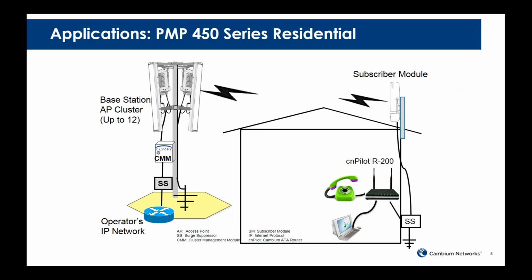Why would I need 12 of them? Perhaps I'm in a particularly densely populated area, and I need that many devices to provide a reasonable connection to all my users. And sometimes I might use access point devices in different frequency bands because they have different propagation characteristics. The higher frequencies tend to not go quite as far and not penetrate obstructions very well, but can deliver the highest speeds.